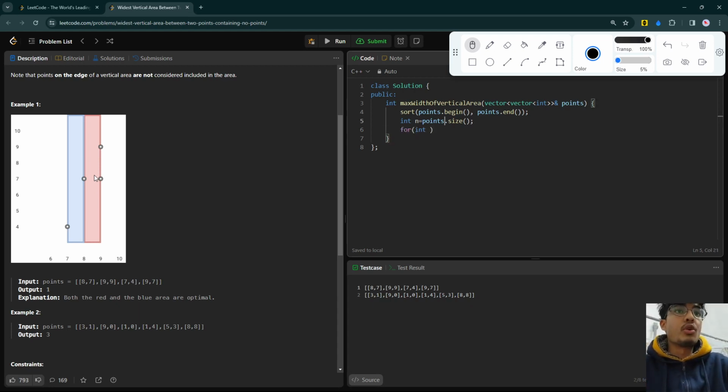Also, we will keep track of the maximum horizontal distance. Then i plus plus.